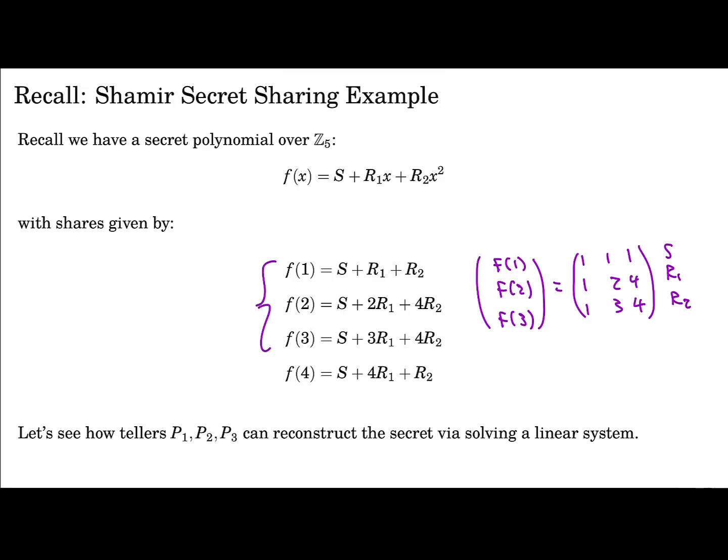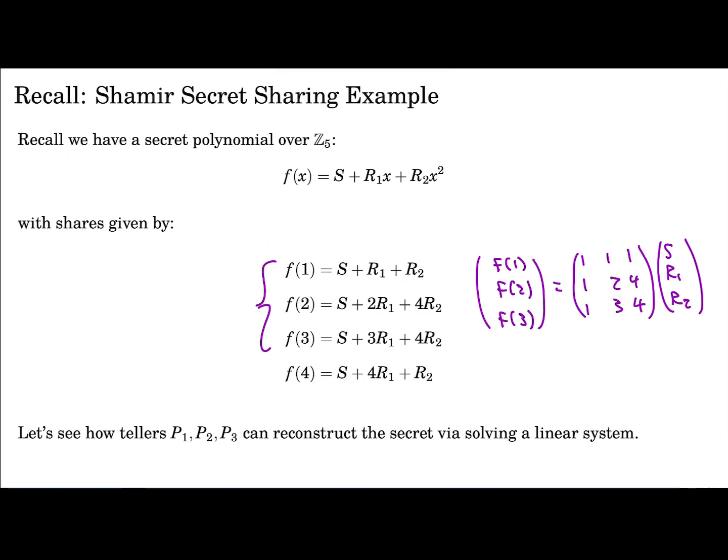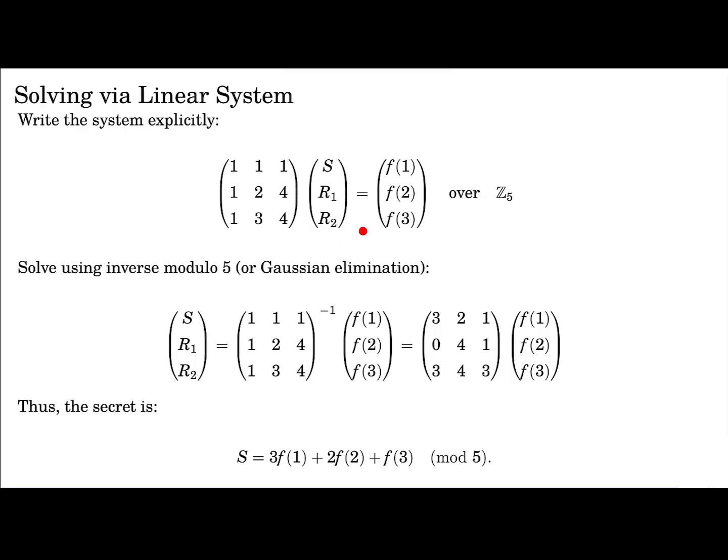The whole point is that this matrix is invertible, because it's a Vandermonde matrix with different values 1, 2, and 3. So you can multiply by the inverse on the left, and it's going to give you an equation to obtain S. So this is just rewriting the equation we saw.